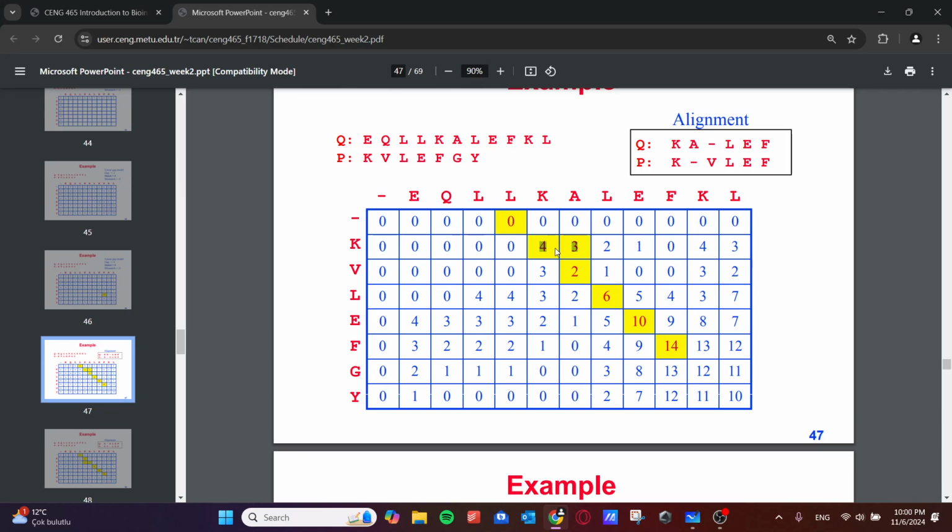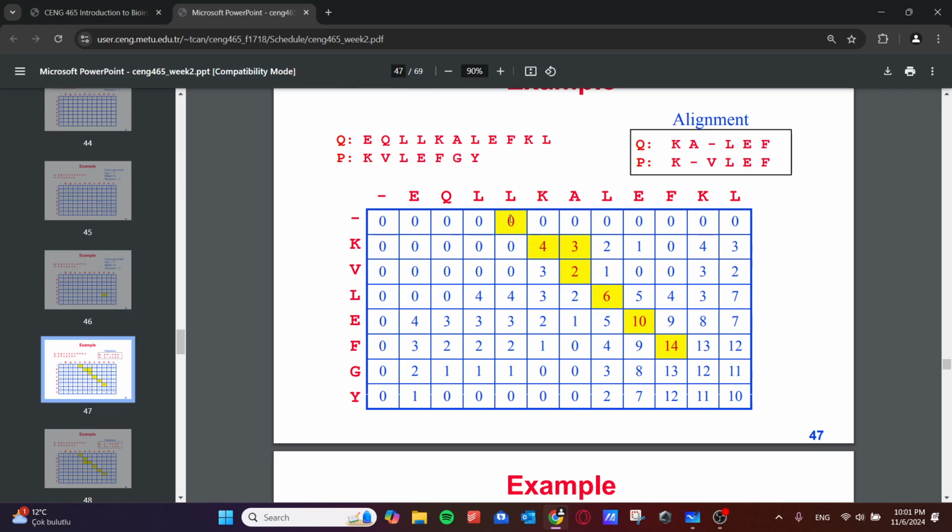Here it is horizontal, so it's parallel to the X. So I take the value of the X, which is A, and in the Y I put gap.